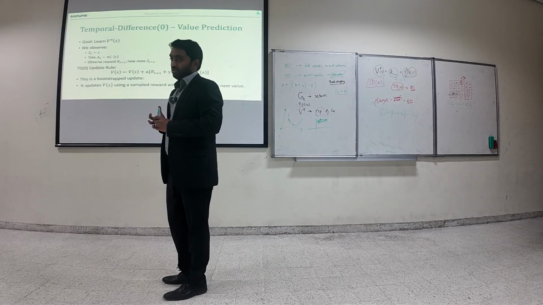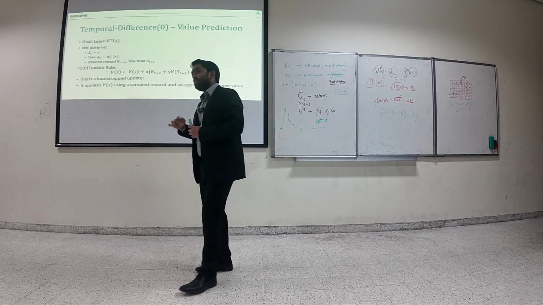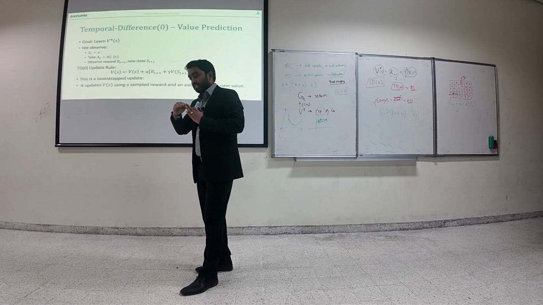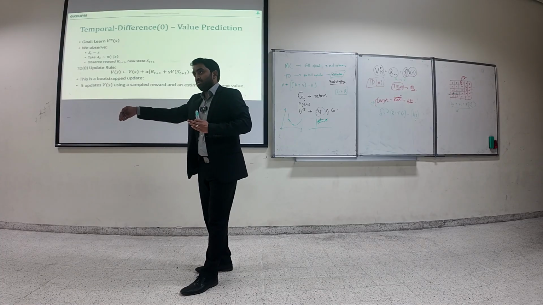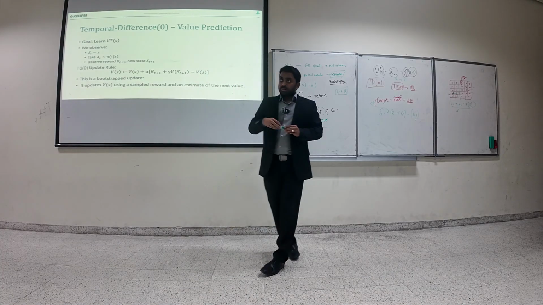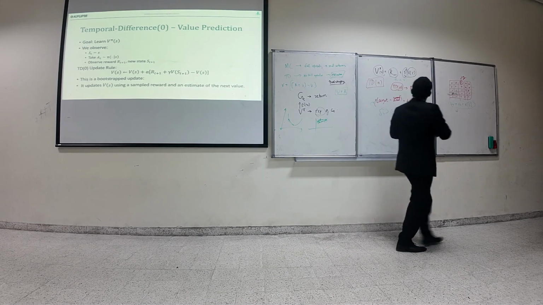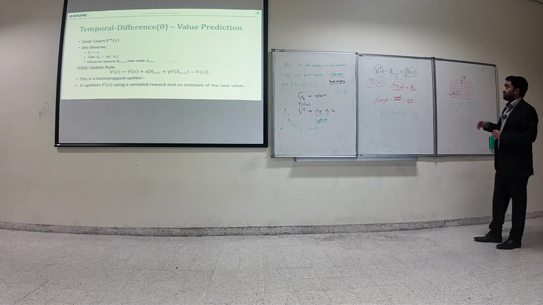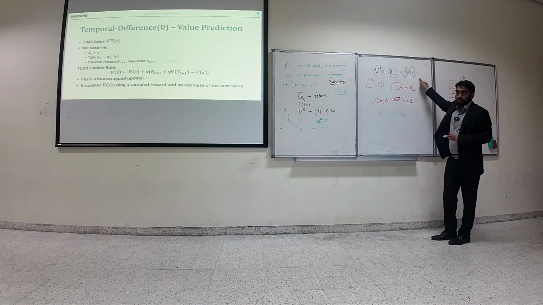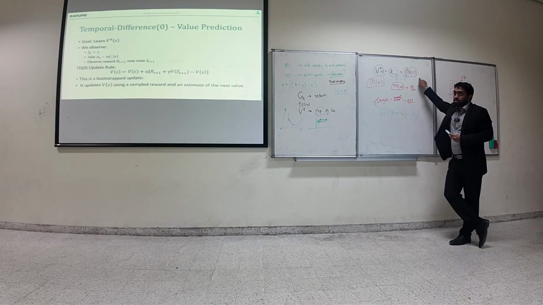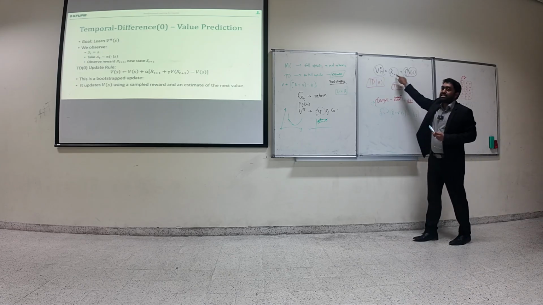Yes, R T plus 1, because it's the reward that you get after you move from S T to S T plus 1. It's always R of S, not R of S plus 1. Yes, this is T plus 1, not S plus 1.